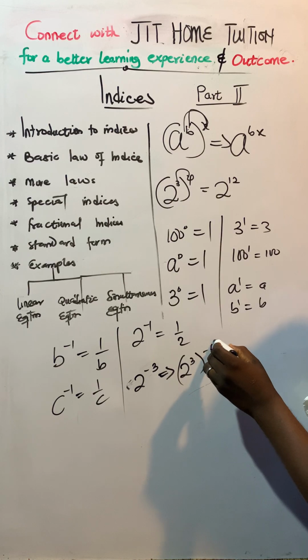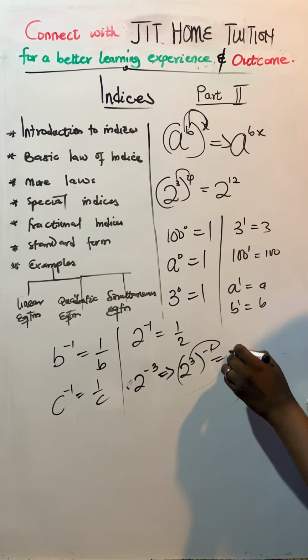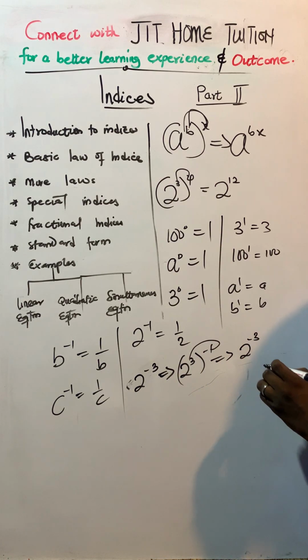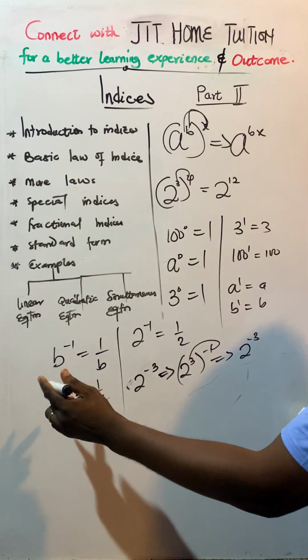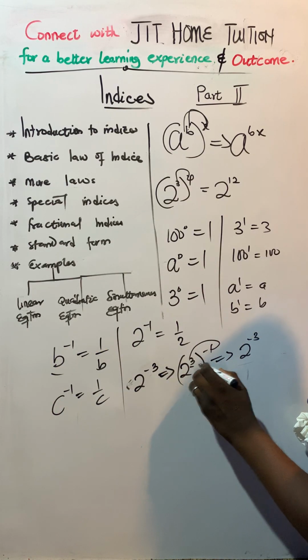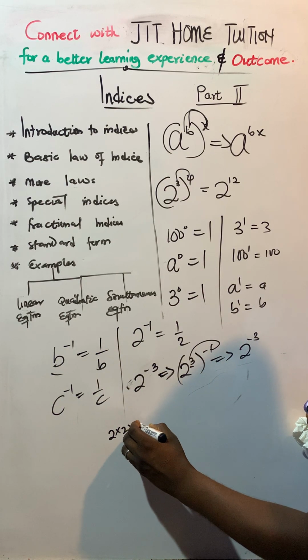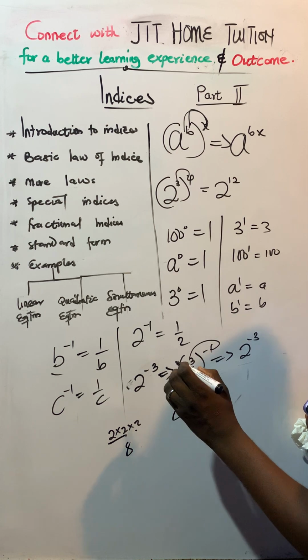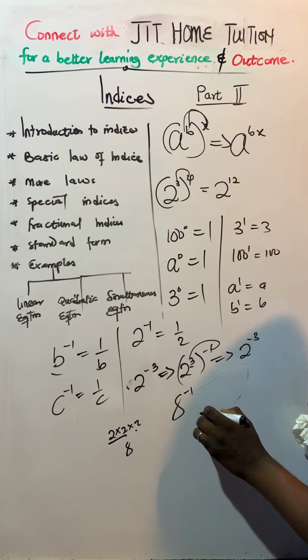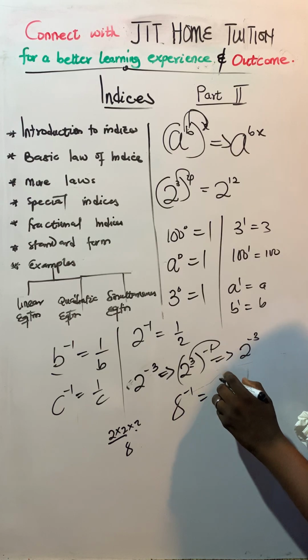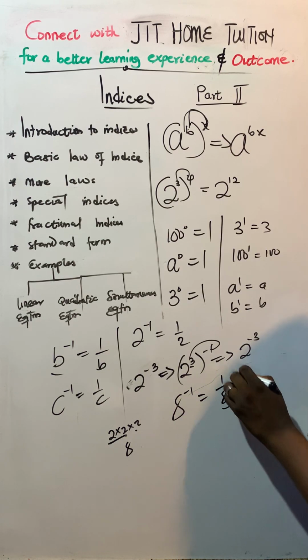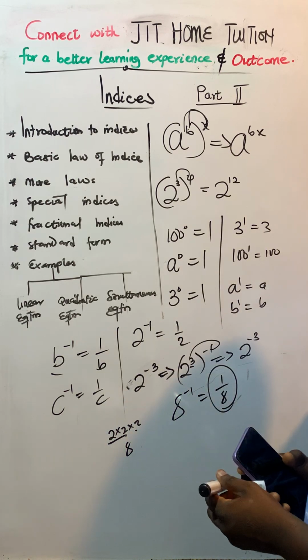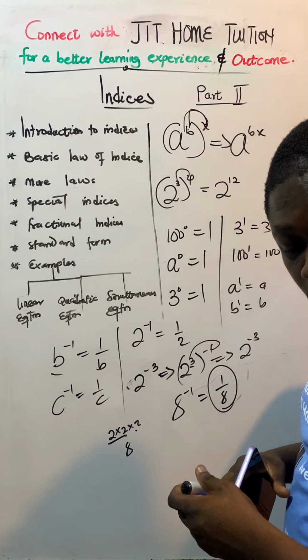So when this negative multiplies this, you will still have what? 2 exponent -3. Now back to what I said concerning this. This one, 2 times 2 times 2 will give you 4 here, 8. So you have 8. That becomes 8 exponent -1. Then you can rewrite this one as 1 over what? 8. And this is another principle that you want to know.